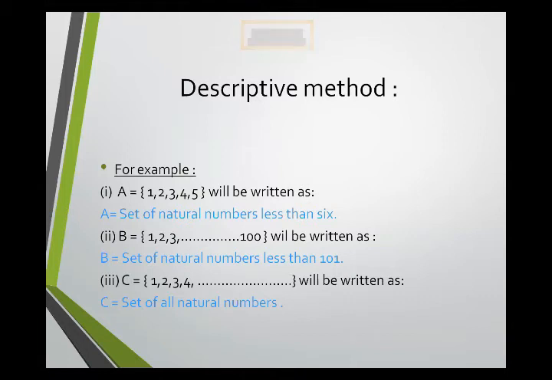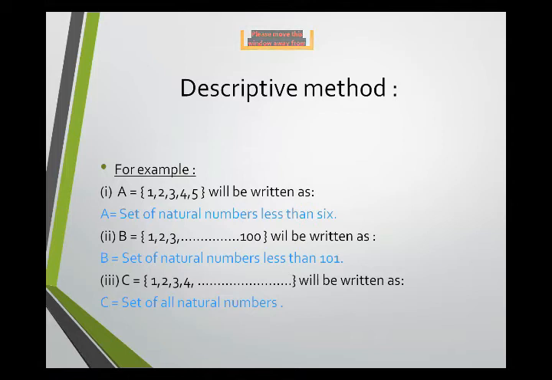Now this is the set in tabular form. As you know, the set is written in tabular form, and how do we write this set in descriptive form? Descriptive form means in a statement form. How do we write this set? We write capital A, which is the representation of the set, is equal to the set of natural numbers less than 6.